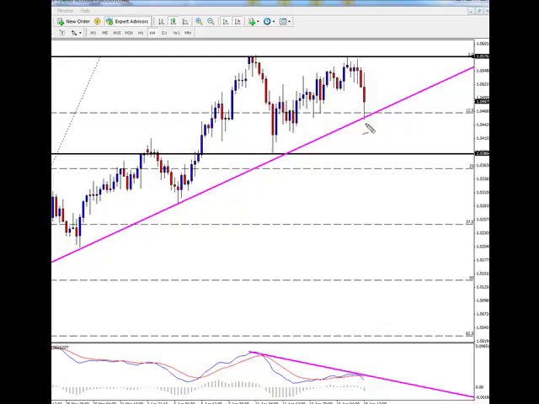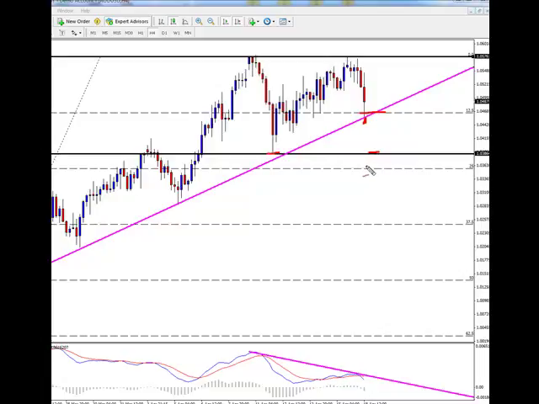On the 4 hour, if it closes below this trend line, depending how far below it closes, what's nice here is we've got a level there. If it can close below there and below the trend line here, we might be able to get a short in here again, and that's far enough from this demand point to get the stop maybe to break even at least.